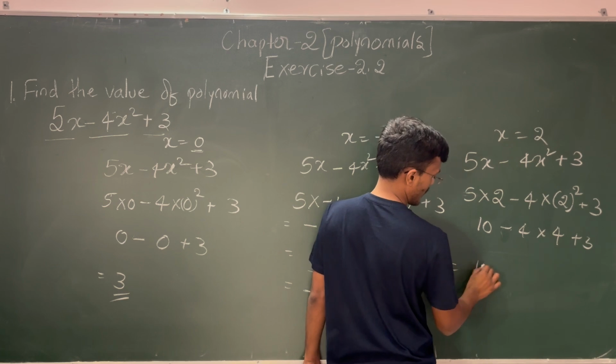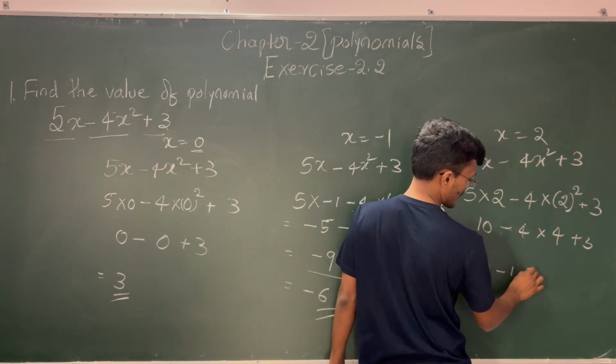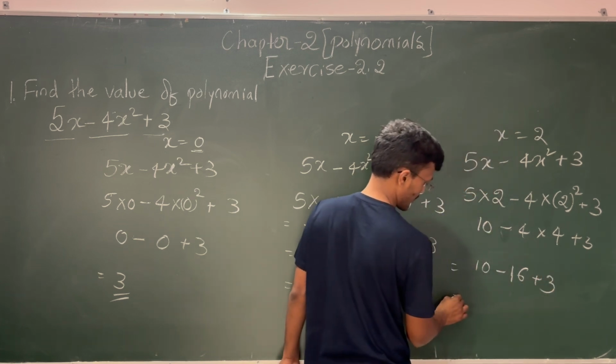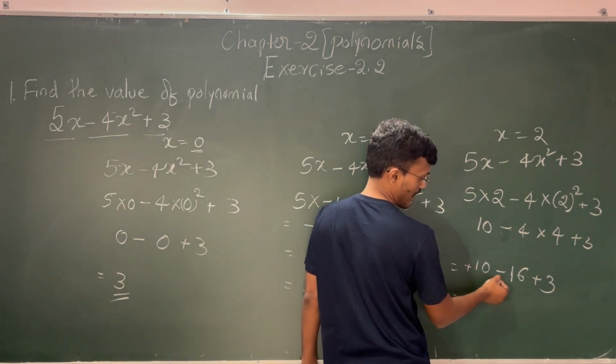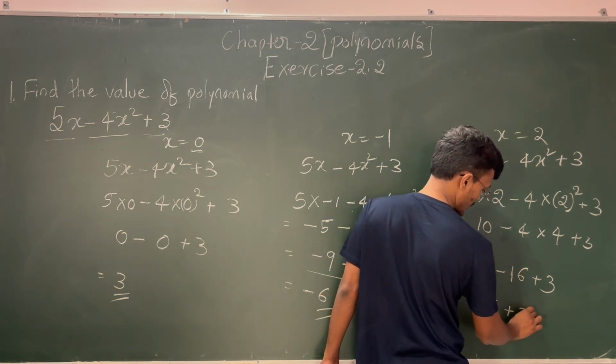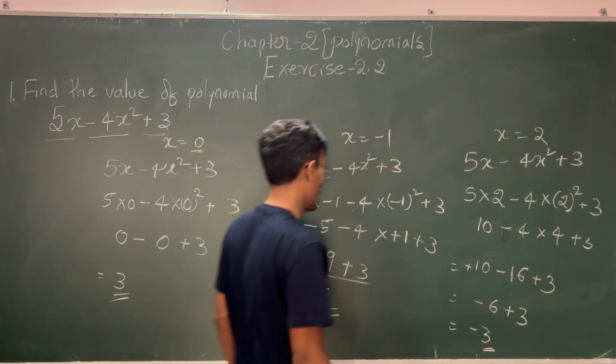So 10 as it is, 4 into 4 is minus 16, plus 3. 10 minus 16 is minus 6, plus 3. So the answer is minus 3.